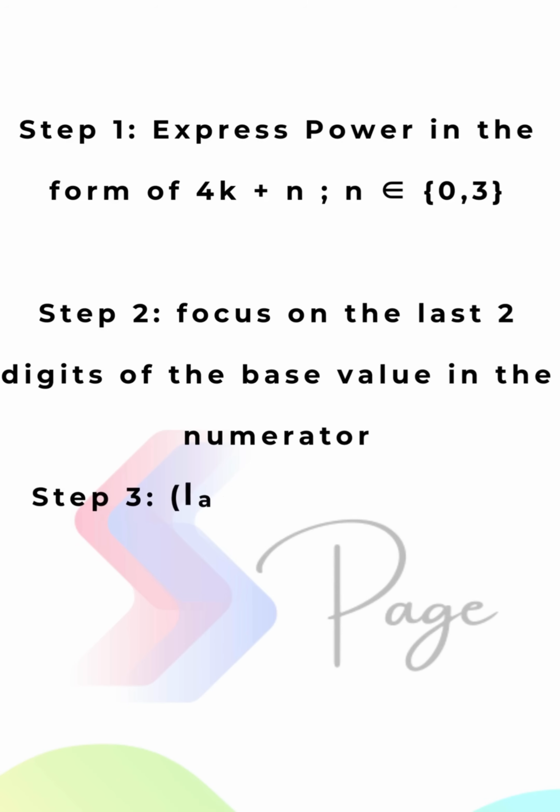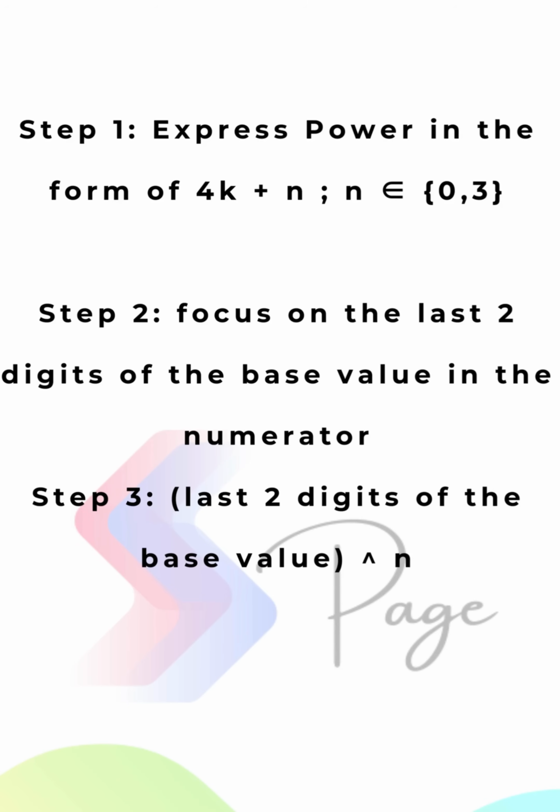So we'll apply the same learning which we have just seen, but this time we are not only focusing on the unit digit place of that big huge numerator value, we rather focus on the last 2 digits of that big numerator value, and it is only because of these 2 zeros written in the denominator. So as the number of zeros increases in the denominator, we keep on focusing on more digits from the last in the numerator.